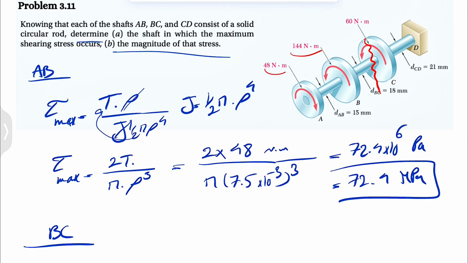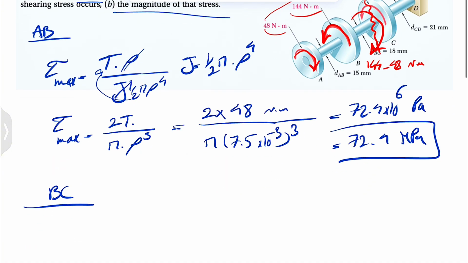So it's easier for us to figure it out. So we have 144 in this direction and 48 in the opposite direction. So it's going to be 144 minus 48. And in order to cancel that one out, we're going to consider this. So that's the internal torque that this member is experiencing.